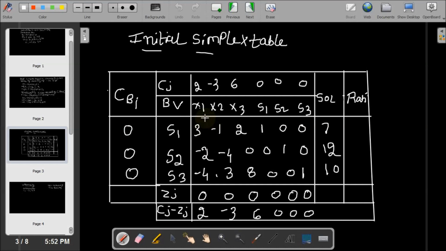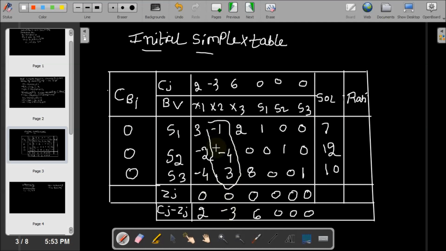So this will be your key column. Here I have to select -3 because it is the most negative value, and there is only one negative value, -3. Obviously it is very simple for me to select.